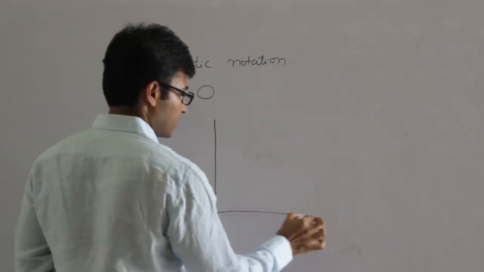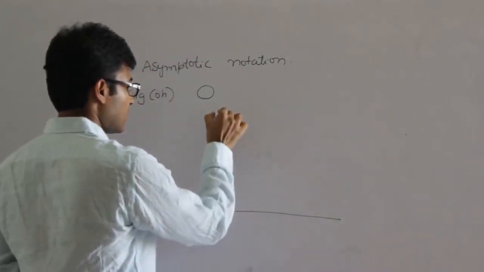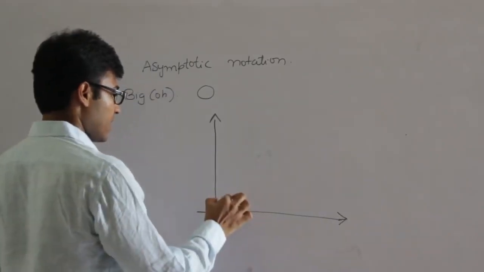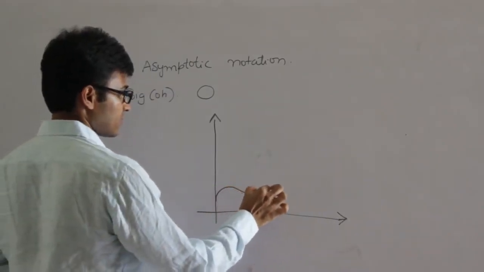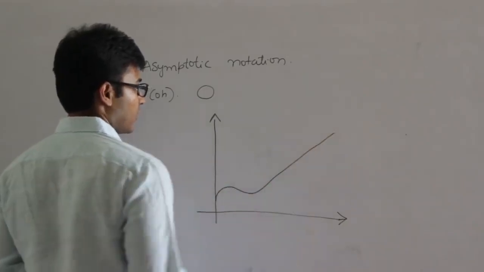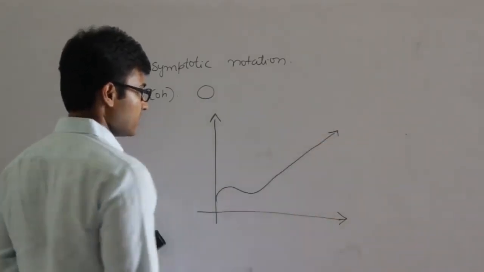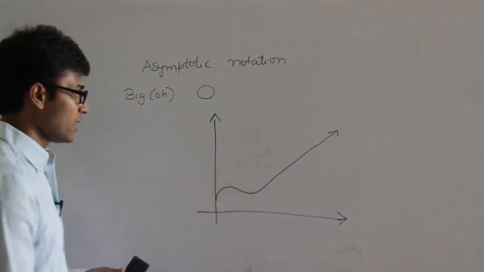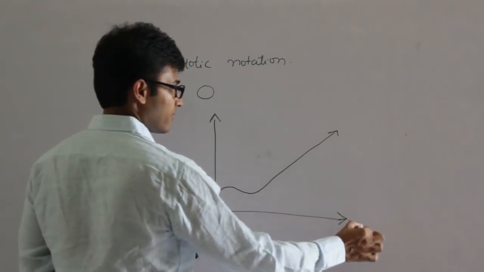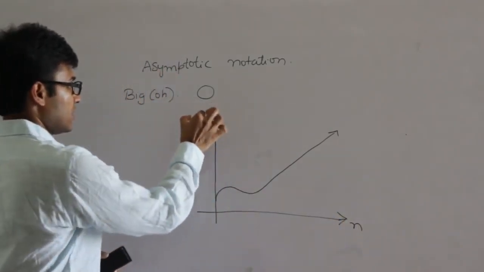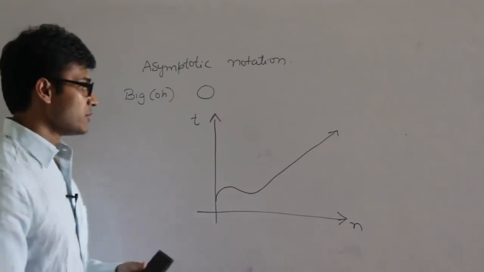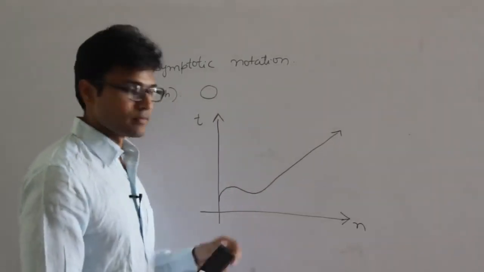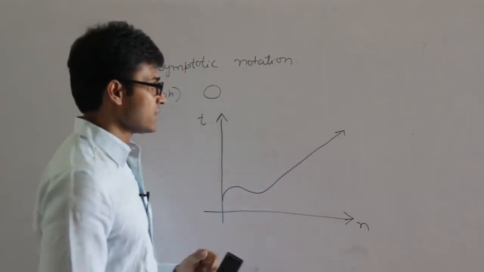Let us say you have found out that as the input size is increasing, the time is increasing like this. This is the time complexity, or the rate of growth of time, and this is n, which means if I keep on giving larger inputs to the problem, the time increases like this.